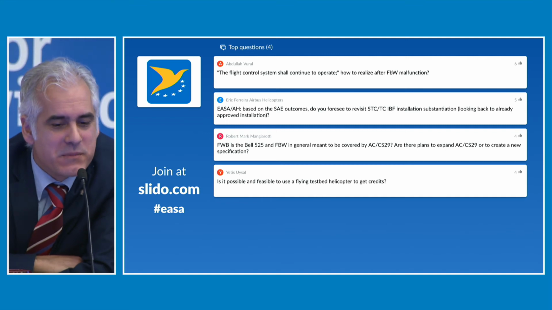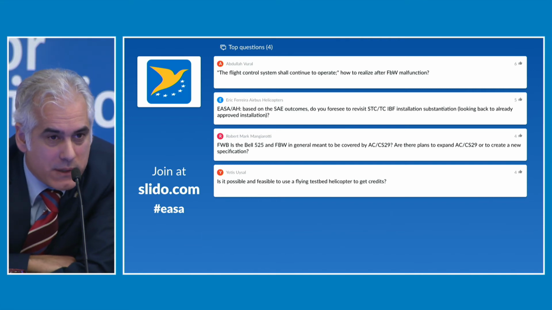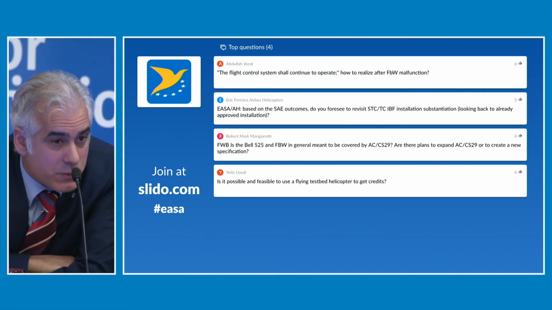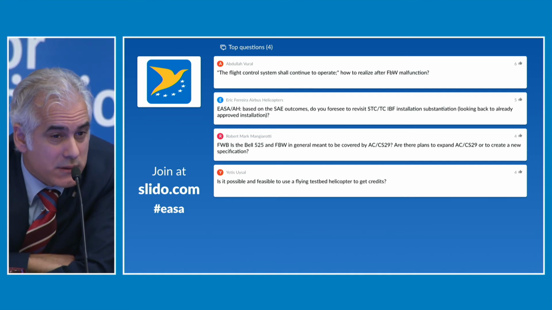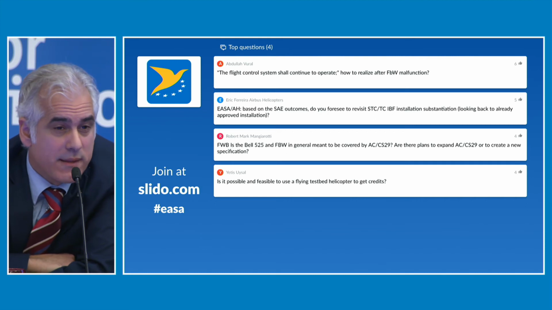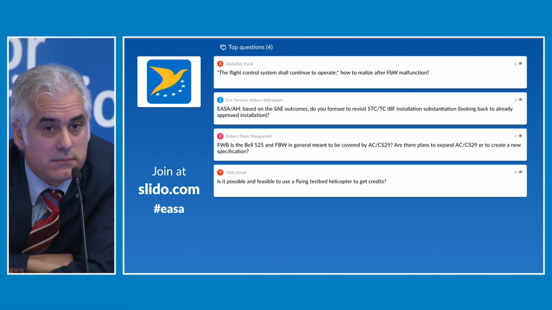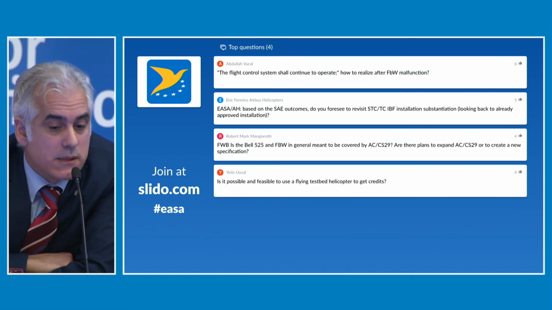The flight control system shall continue to operate. How to realize after fly-by-wire malfunction? Are you considering malfunction only as a hardware failure or software failure, as a unit failure? A fly-by-wire system has thousands of components inside, each of which can fail. So yes, it shall continue to operate.